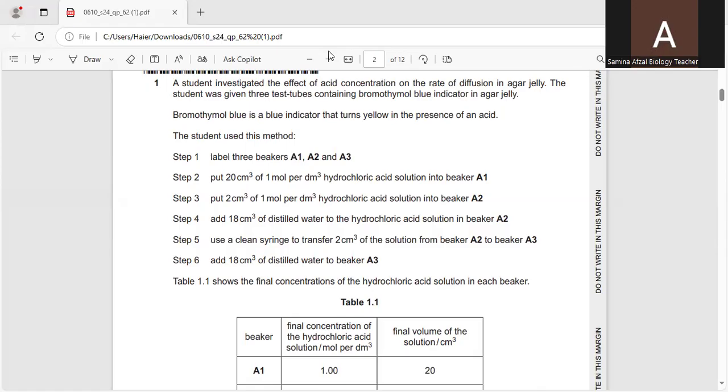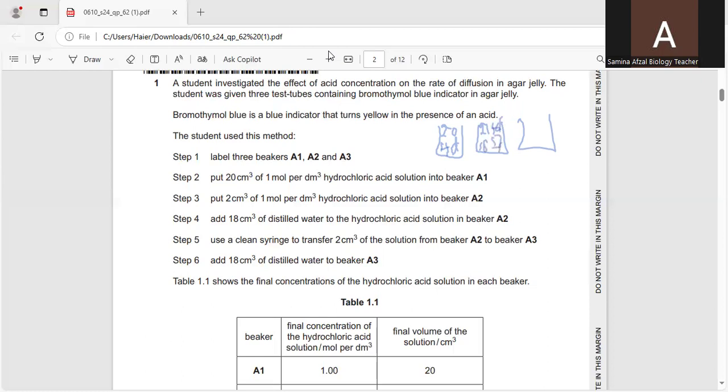Step 1, label 3 beakers A1, A2, and A3. So he added into A1 20 cubic centimeter of HCl, and in the second, 2 cubic centimeter of HCl plus 18 cubic centimeter of distilled water.